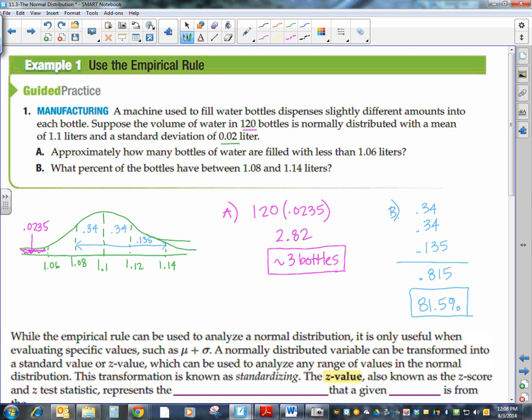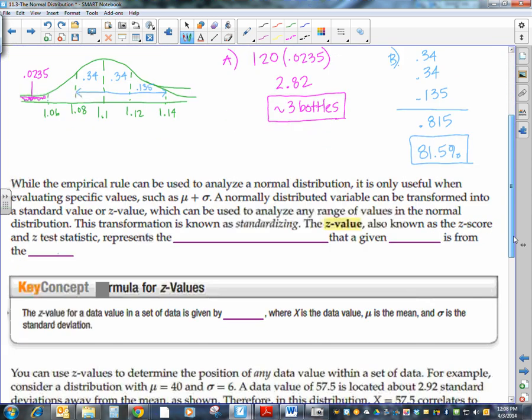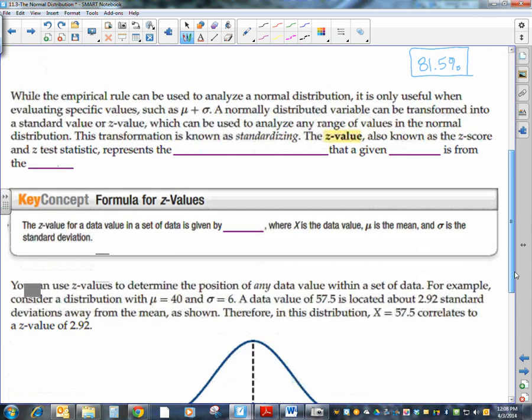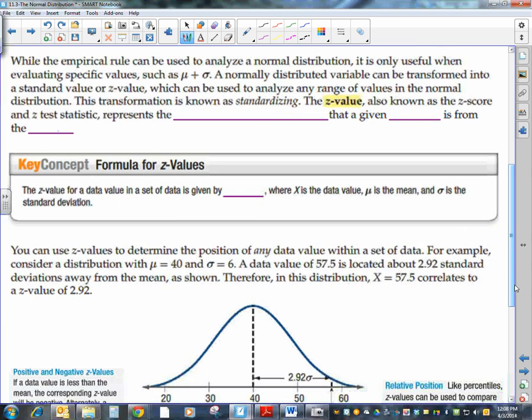Okay? Now, the empirical rule is great if they're asking you for values that are the actual 1 or 2 or 3 standard deviations from your mean, but a lot of times they want to know about numbers that are not those specific values that go with our means. And for that reason, we have to do something called standardizing. Okay?